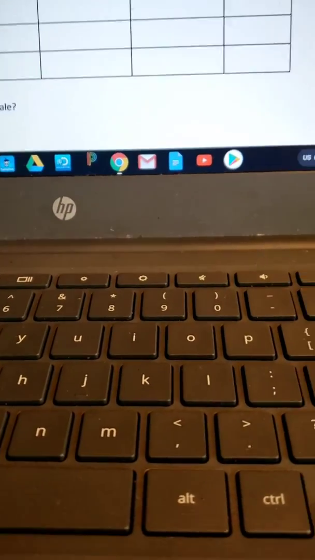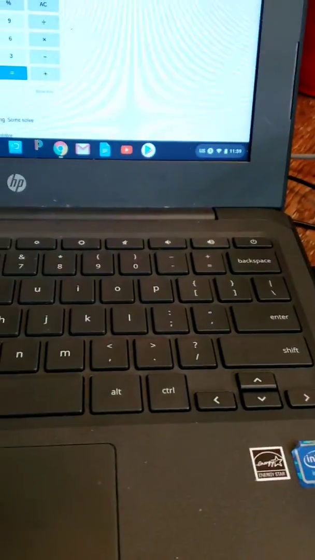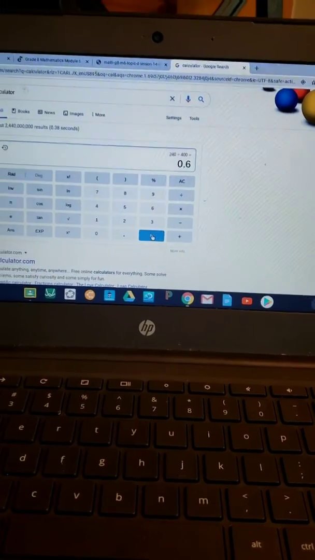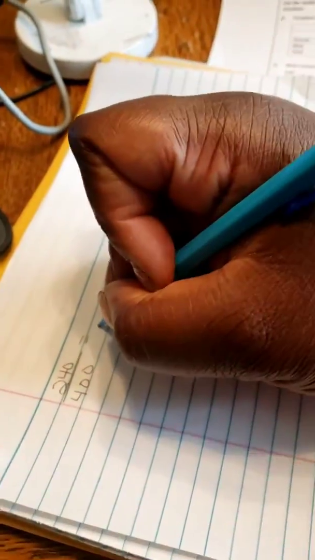All right, so I have a total of 240 females. And then how many total people did we survey? Well, 400. So this is 240 divided by 400. All right, and then I'm going to get my calculator. And 240 divided by 400 gives me 60%, or 0.6. All right, so that's what I'm going to put right here.